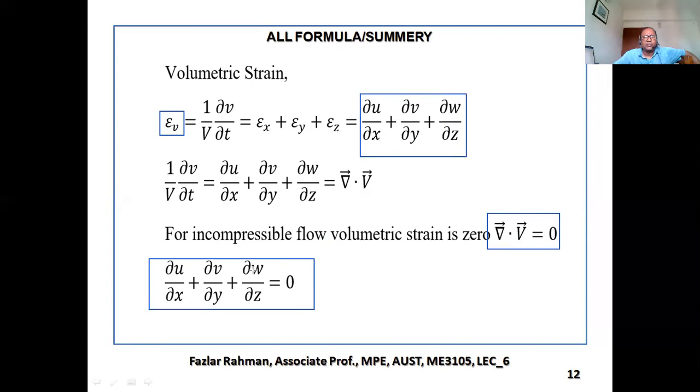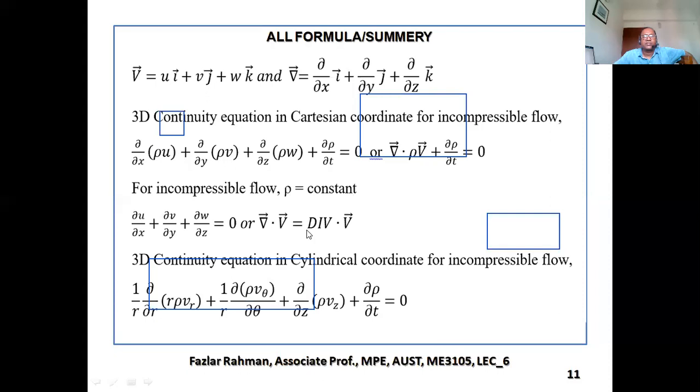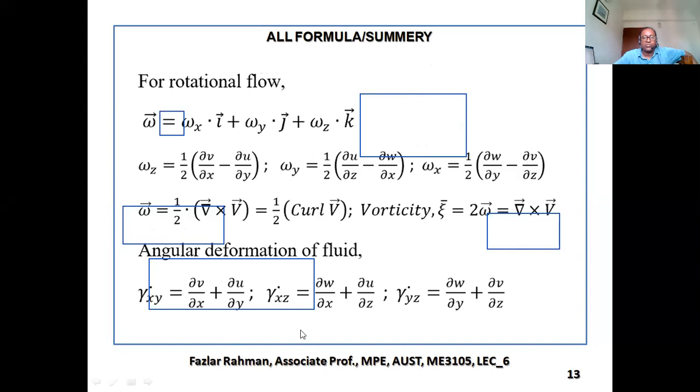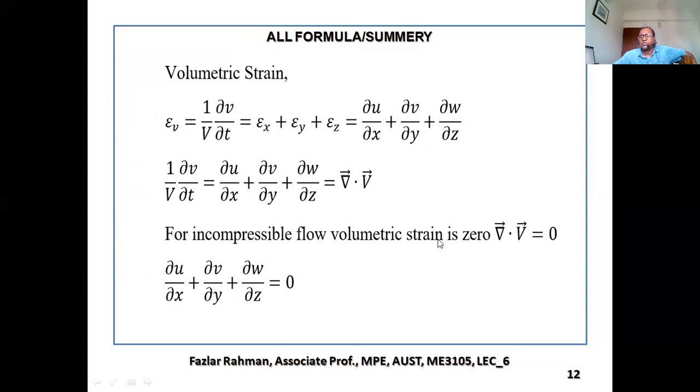Okay. And you see this one is part of the continuity equation. For incompressible flow, you get the same equation. So what does it mean? If an equation satisfies the continuity equation, that means there will be no increase of volume of fluid or no deformation of volume. Volumetric strain will be 0. So both are the same condition.